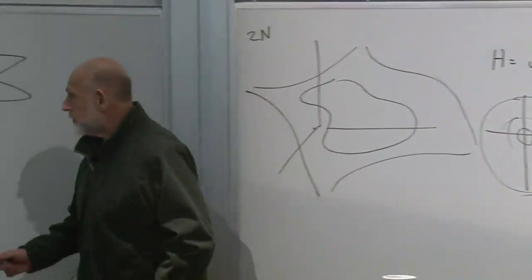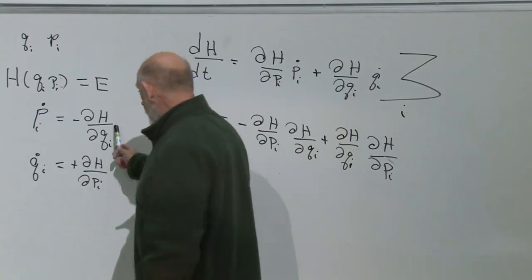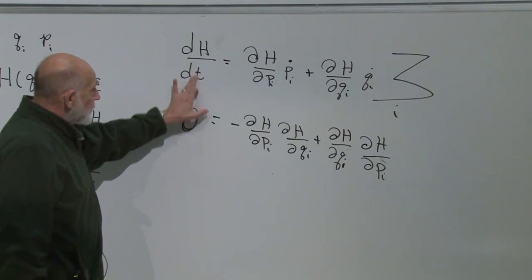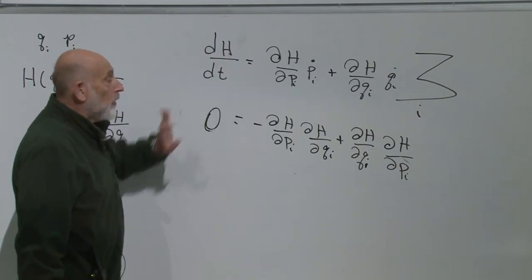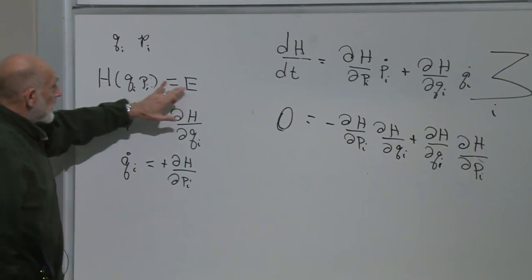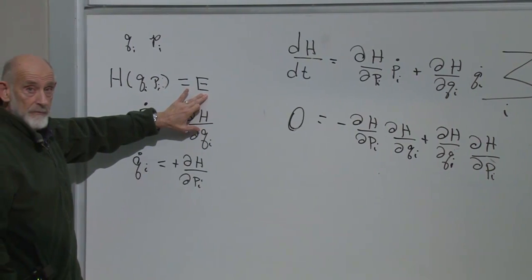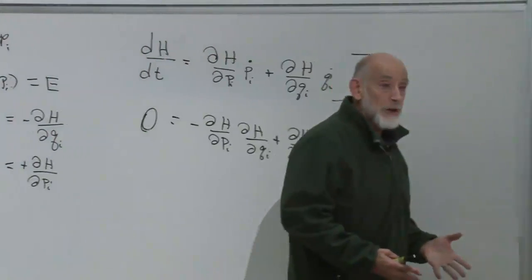The equations of motion are these. There are two equations of motion. It follows from these two equations of motion that the time derivative of the energy, the time derivative of the Hamiltonian, is zero. That says that the Hamiltonian is a constant in time. So let's call that constant E. The constant, of course, is determined by the initial conditions.